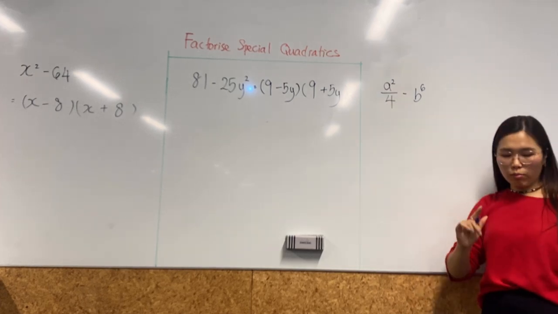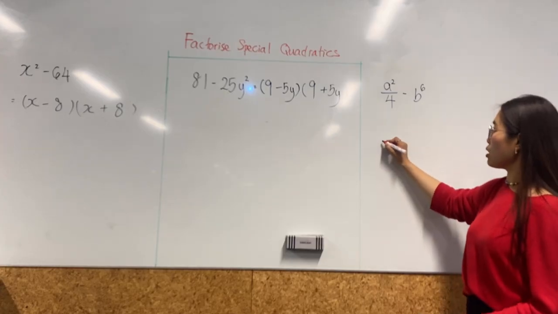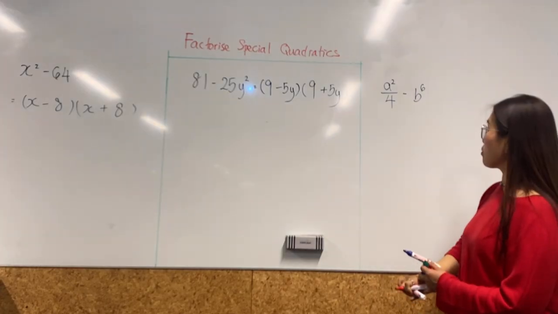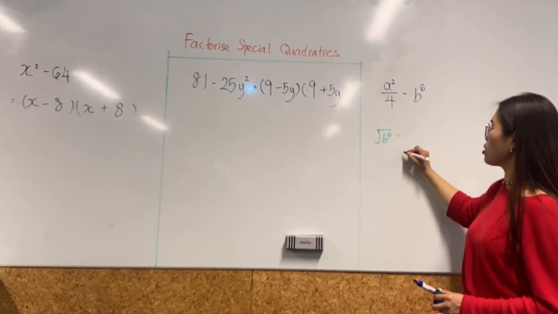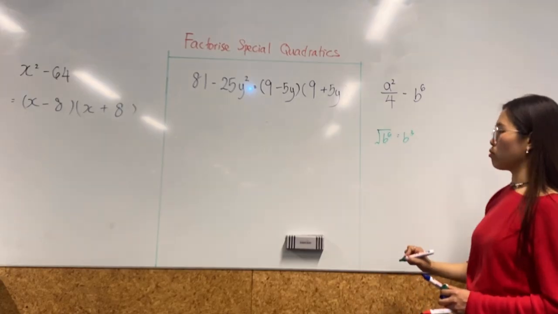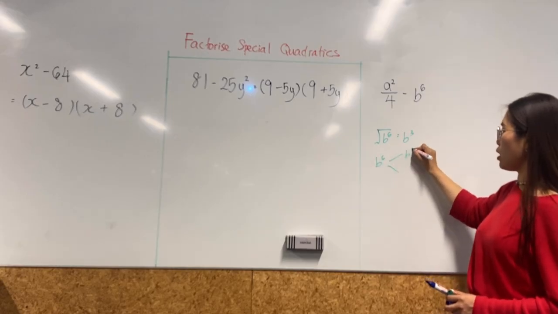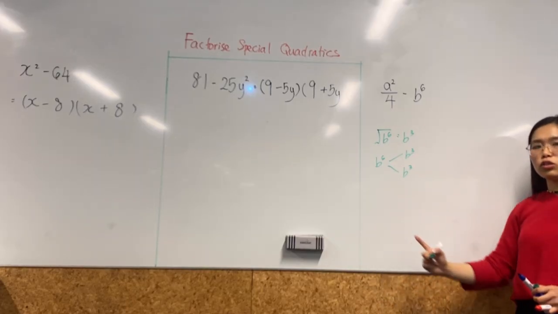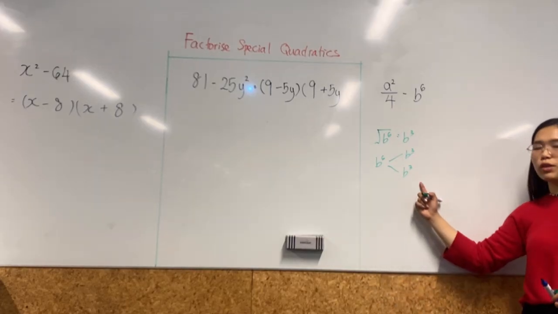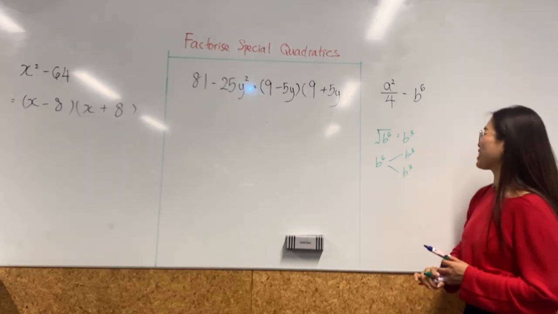I can have two things multiplied to give you that. The square root of b to the power of 6 is b cubed. Or you can think of it as b cubed times b cubed, which gives you b to the power of 6, so b to the power of 6 is actually a square number.